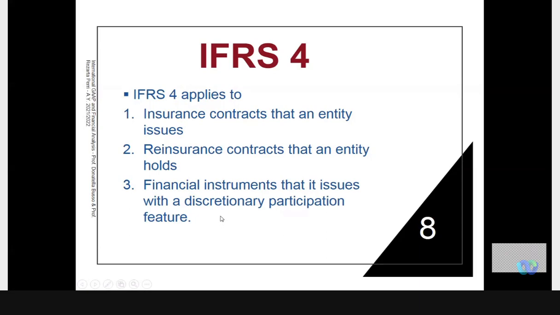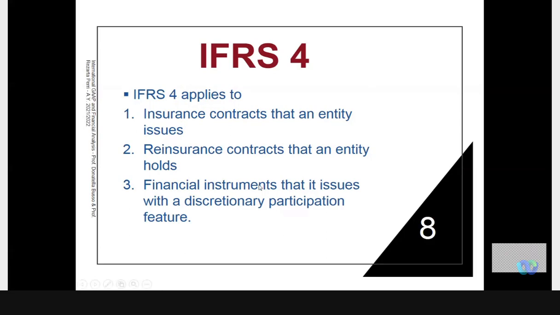This feature gives them some kind of risk characteristics, and that makes them more likely to be considered insurance contracts rather than financial instruments. Therefore, IFRS 4 is applied to this specific category of financial instrument.